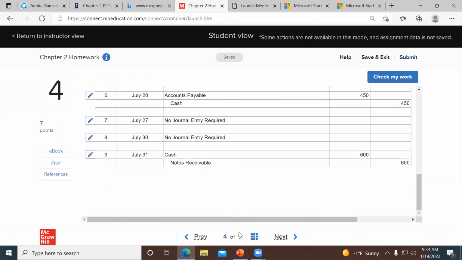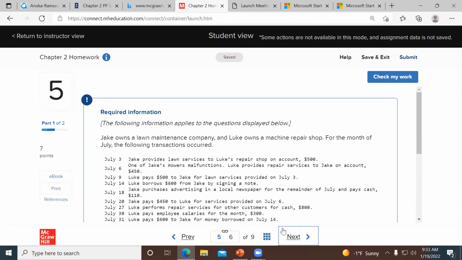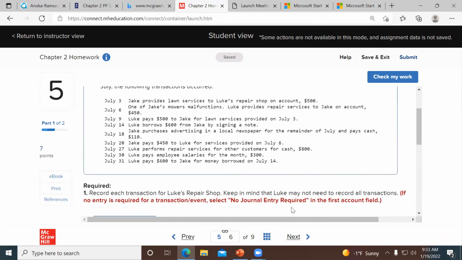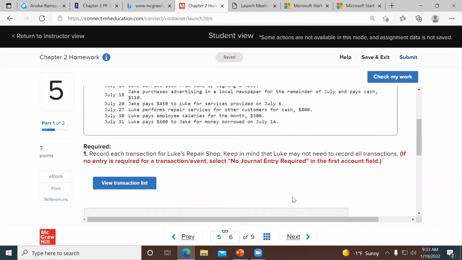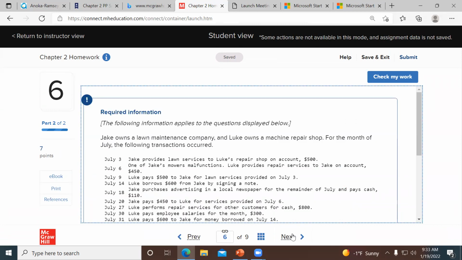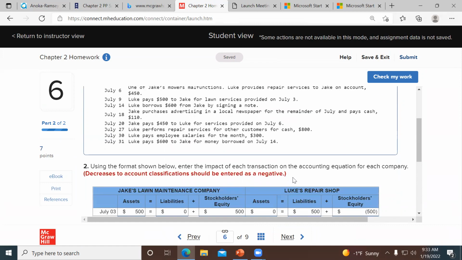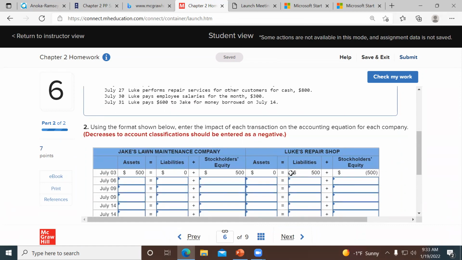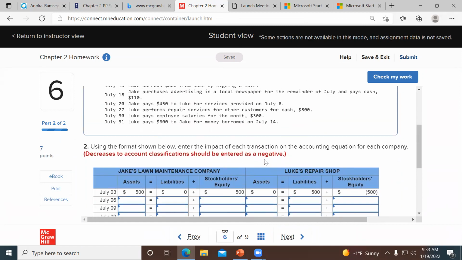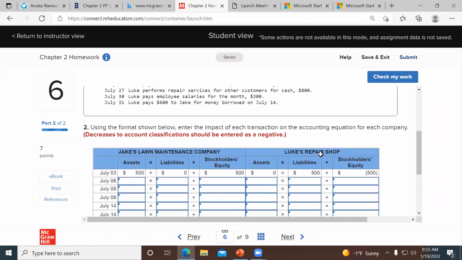Now the next one is the same thing, except you're only recording transactions for Luke. So you're going to maybe need to ignore certain things, because you're not doing it for Jake, you're doing it for Luke this time around. Here, enter the impact of each transaction on the accounting equation.